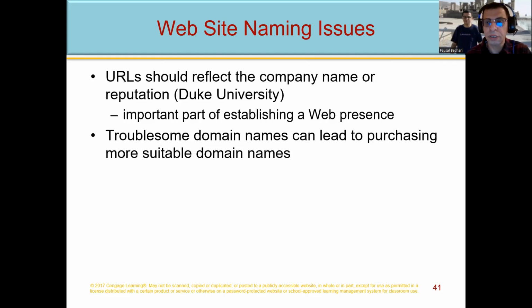An important part of establishing a web presence is your name. Troublesome domain names can lead to purchasing more suitable domain names. So you might have a troublesome domain name, but you can fix it.